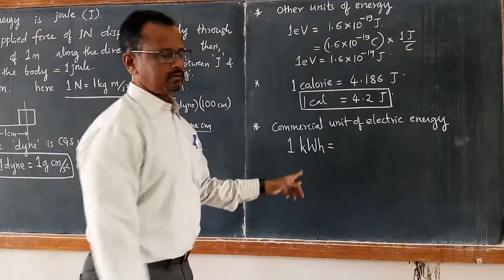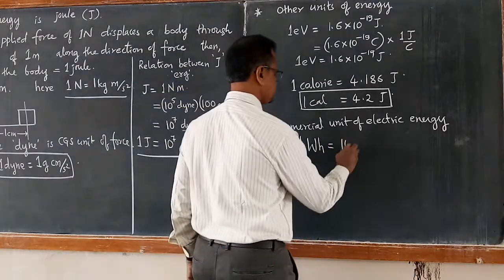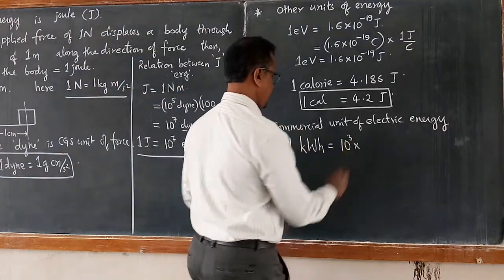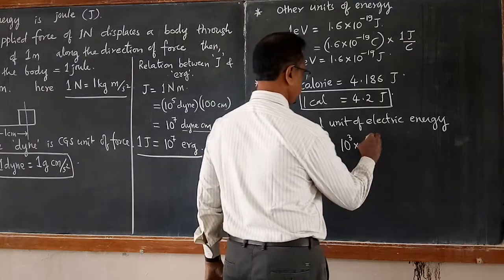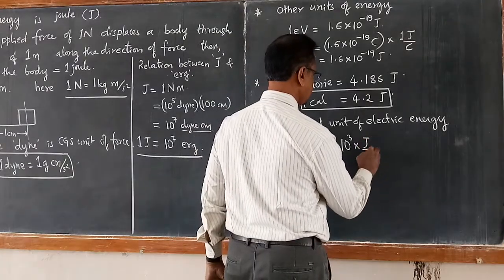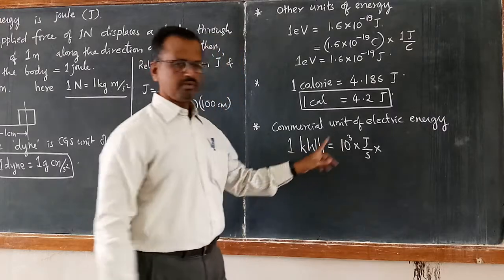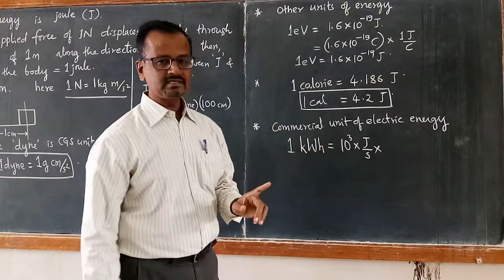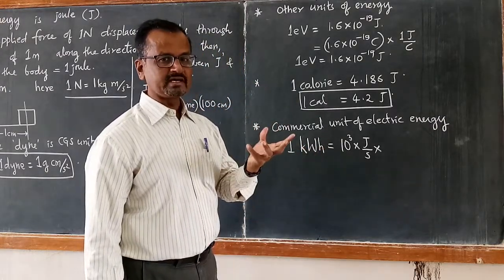You see, 1 kilo means 1000. Watt means joule per second. 1 watt is 1 joule per second, and 1 hour is 60 into 60 seconds.